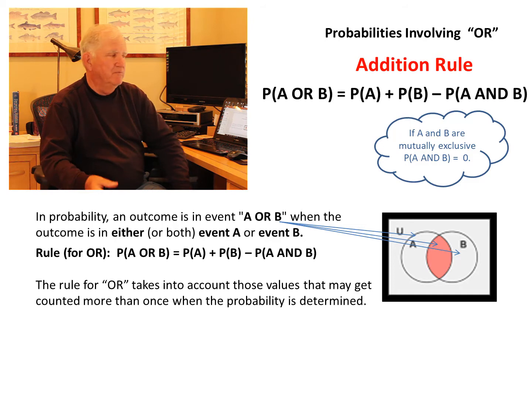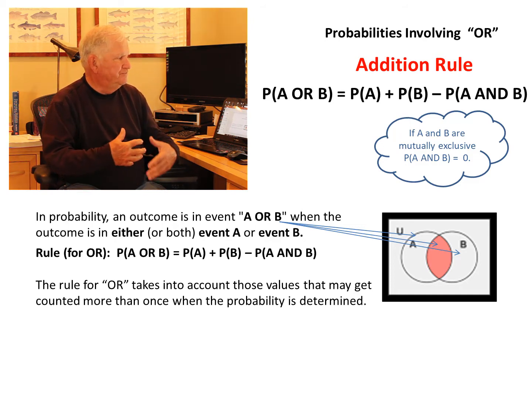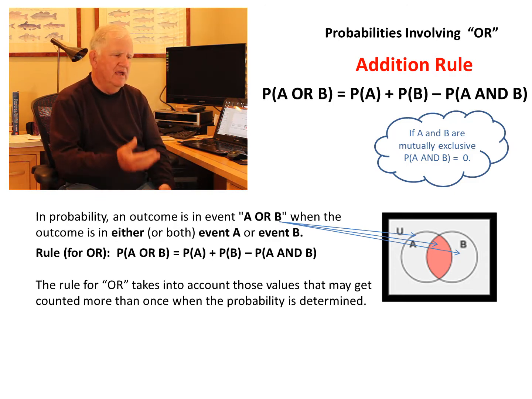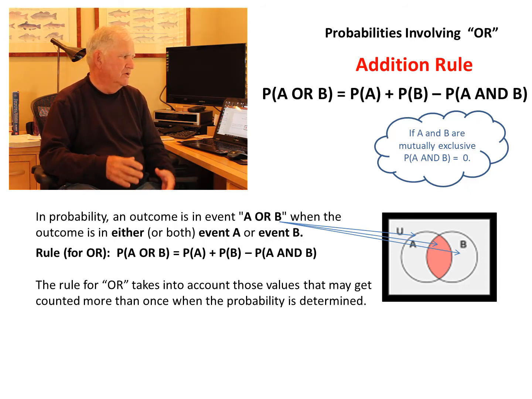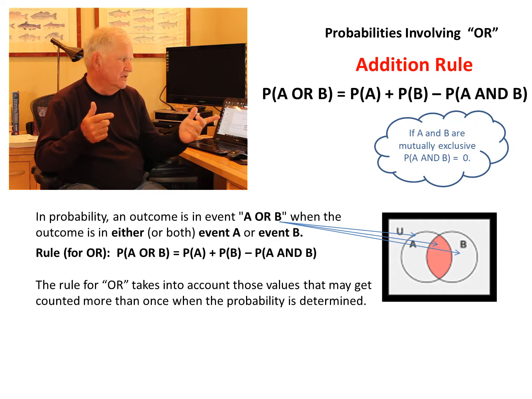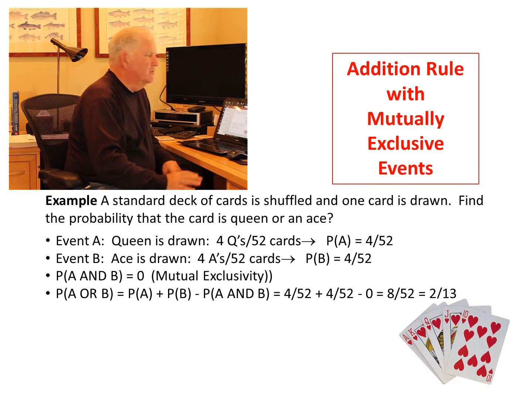Some are purely within B, some are within both A and B. So when you count up all of the outcomes of A and add it to all of the outcomes of B, you have counted those outcomes which lie in both A and B twice, and you need to subtract it off.